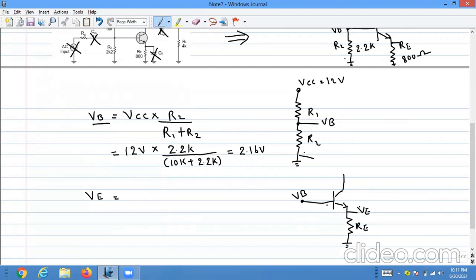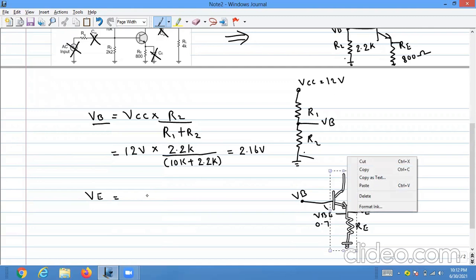We already know that for the transistor to be in its on position, the minimum voltage required, VBE, is equal to 0.7 volt. So if you subtract this voltage from VB, you will get the voltage VE.